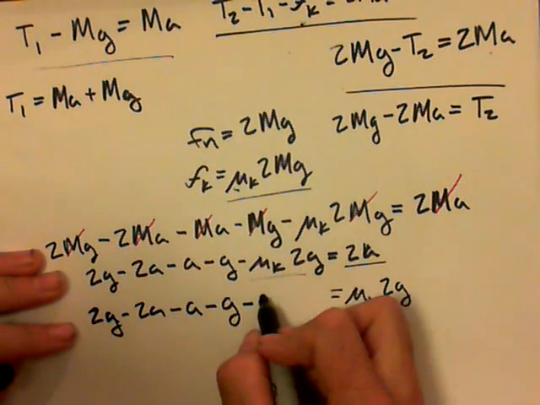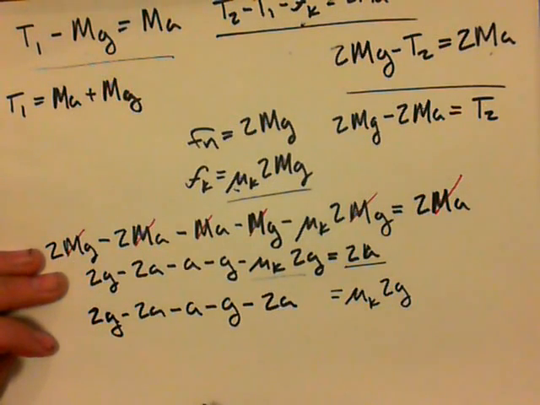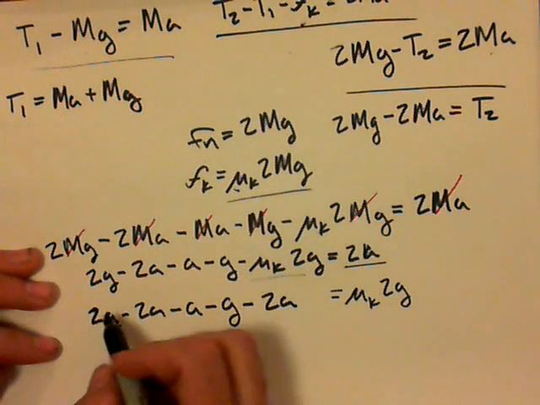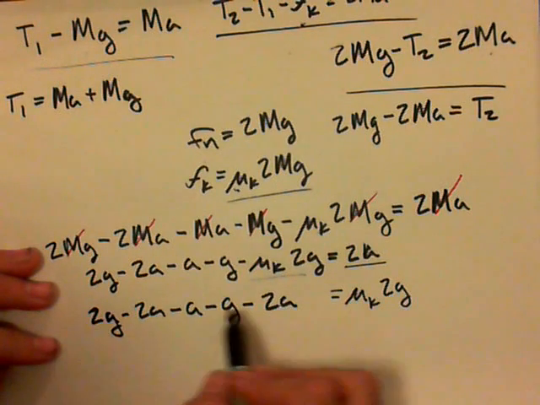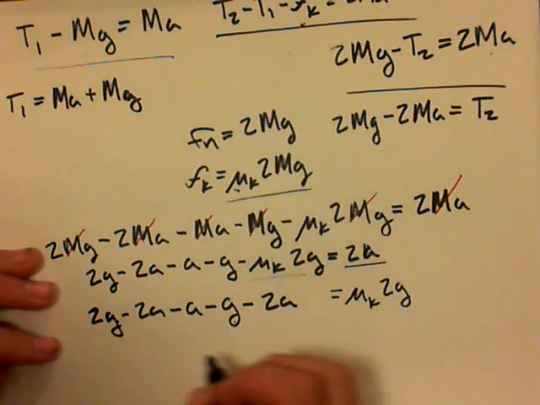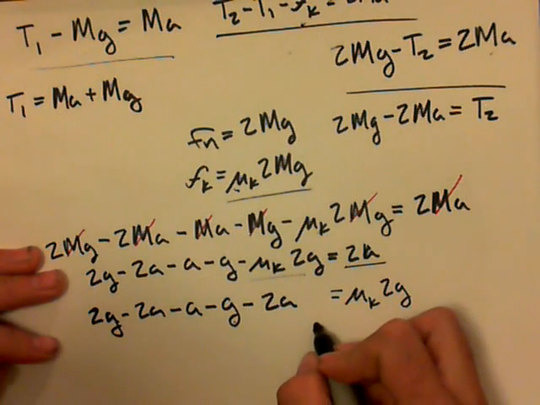Minus 2a as well. Okay. Right, so far. Okay, so we have a negative g and a 2g here, so we can combine those, and that makes positive g.